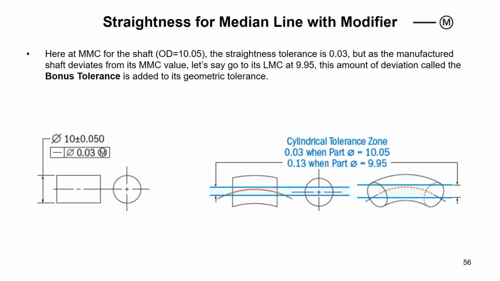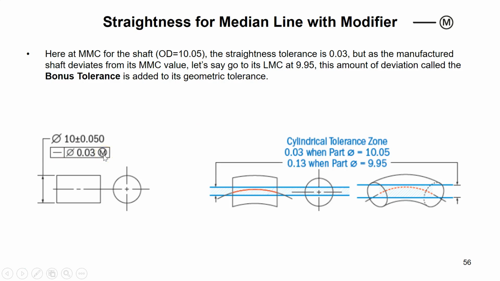Let's take a look. How do I interpret all of this information? The top part is easy. It means the shaft can be between 10.05 and 9.95. That is very easy. Now, what does this bottom part mean?